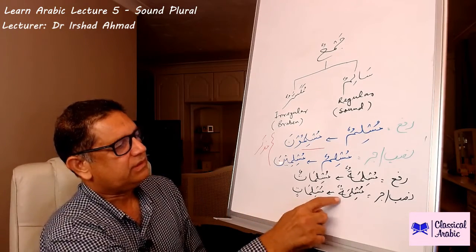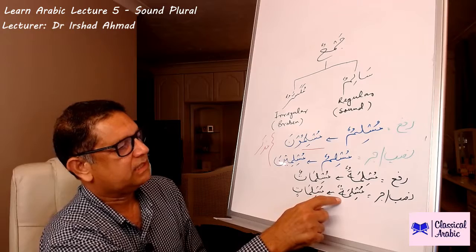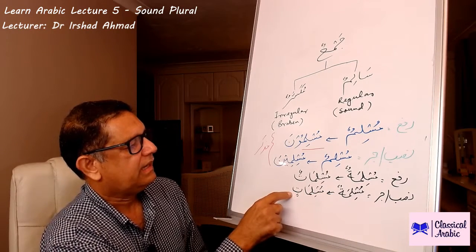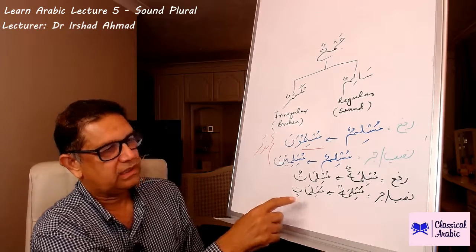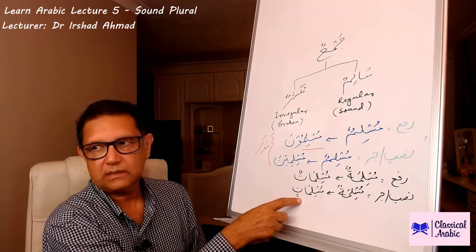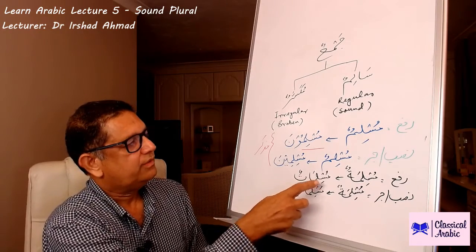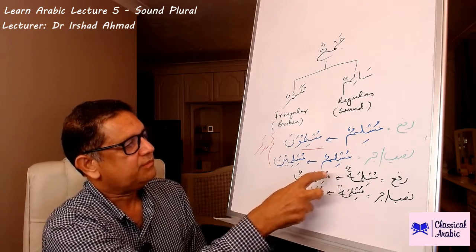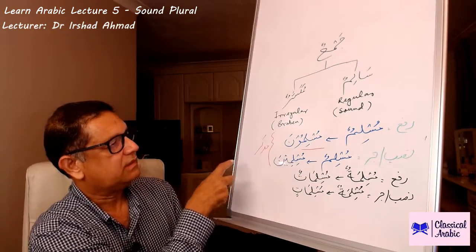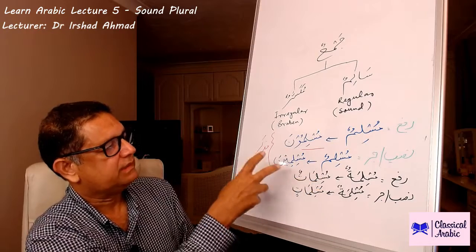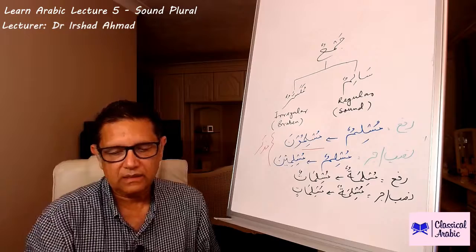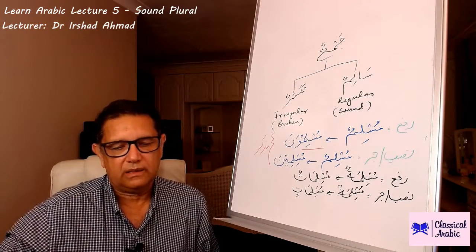Here we have removed ta marbuta, the tied up ta, added alif and then added ta maftuha, and this time ta maftuha takes tanween kasra. So from muslimatun, the plural will be muslimatun, muslimatin, muslimatin. Three Arabic states.